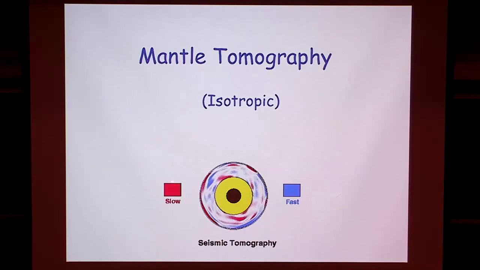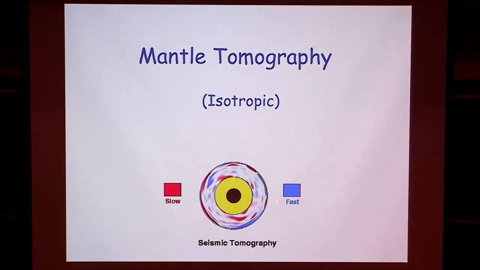What we actually map or image are velocities, right? Slow and fast. And we like to translate that. I mean, the users of this will want to interpret this in terms of temperature and variations in composition.